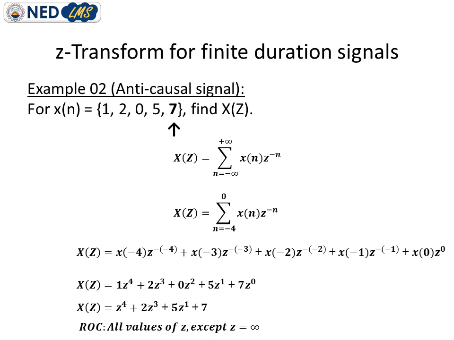And interestingly, when you calculate the region of convergence for that non-causal signal, it will be found to be all values of z except z equal to 0 and z equal to infinity, because it has both the flavors of causal signal plus anti-causal signal. I hope you are getting my point.